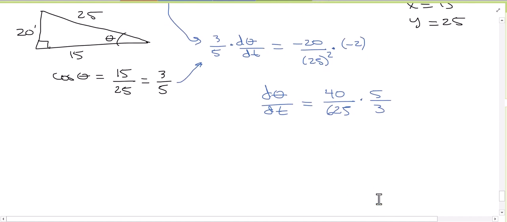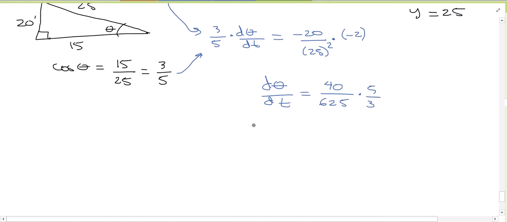So that's my d theta dt, which we can reduce. So this 5 goes into 625, so I can say 40 over 125 times 1/3, and then both of these still have a 5 in it, so 8 over 25 times 1/3, and then just multiply that out. So 8 over 75 is our d theta dt.